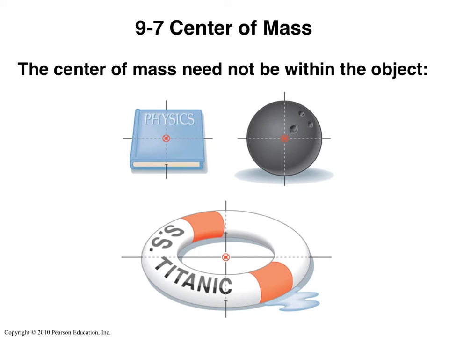But I always talk about a donut. Where's the center of mass of the donut? It's actually at the geometric center. The thing that's important to note is the center of mass doesn't have to be inside the body. In fact, I can shift my center of mass by changing my body shape.